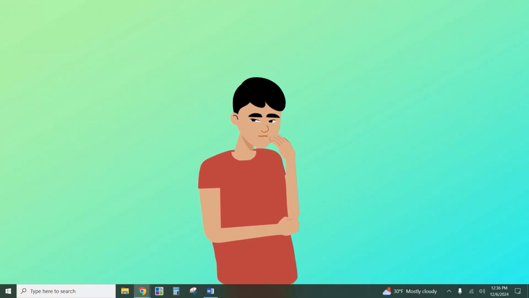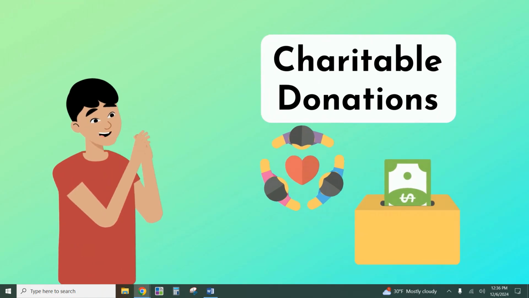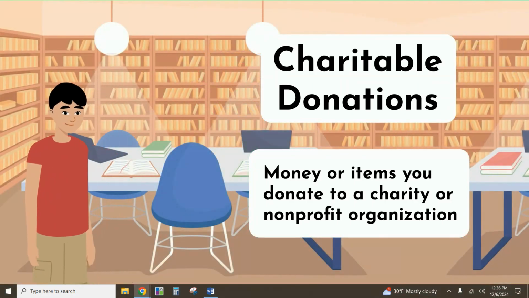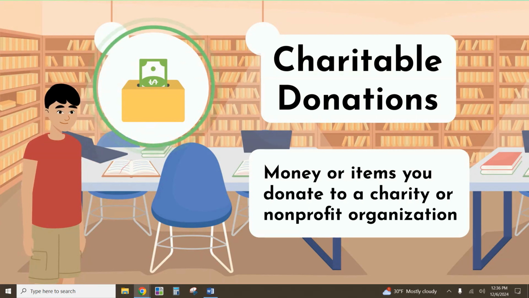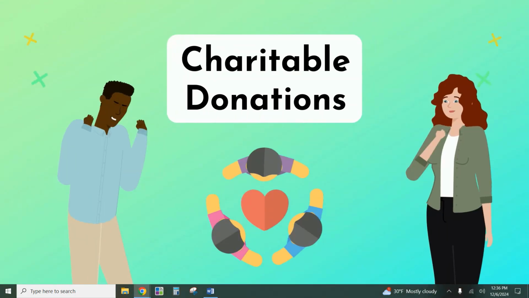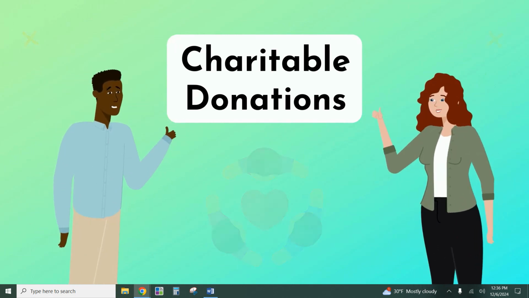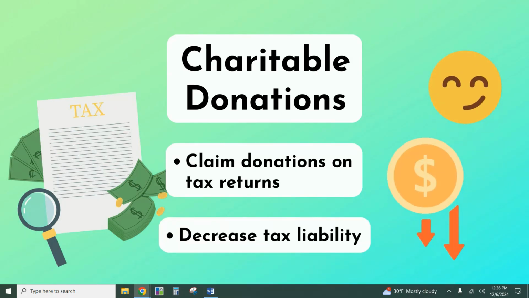There's one more expense you need to know about: charitable donations. Charitable donations include money or items you donate to a charity or nonprofit organization. For example, donating money to fund your local public library counts as a charitable donation. Charitable donations are an awesome way to help your community and reduce your own expenses. You can claim charitable donations under deductions on your yearly tax return, which can help decrease how much you pay in taxes to the government for that year.